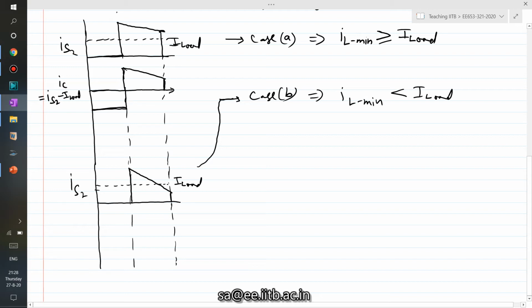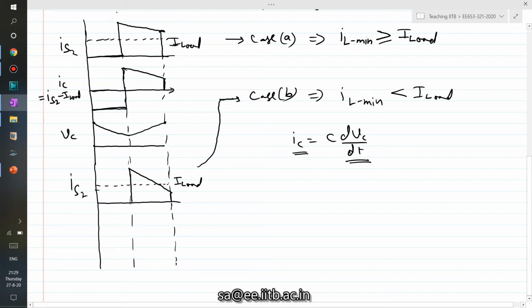In this case, how would the capacitor voltage waveform VC look like? Now we can write that IC is equal to C dVC by dt. So if IC is negative, the slope of capacitor voltage is negative, and if IC is positive, the slope is positive. So from 0 to dTs, IC is negative, so the capacitor voltage would fall, and from that point it will rise, and then it will again touch the same point.